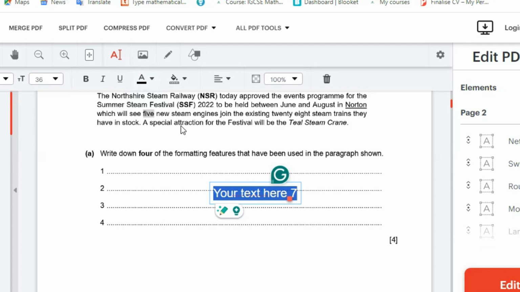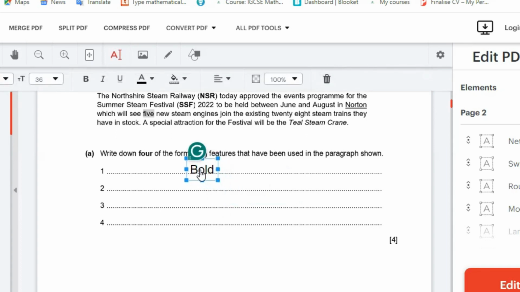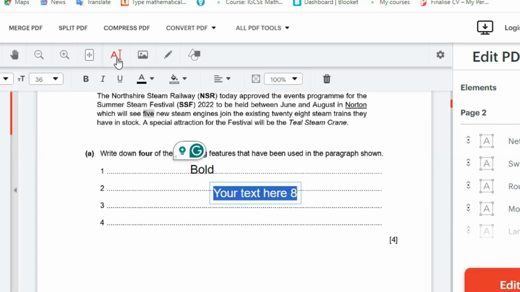So that means it was bold. So number 1, we said bold is a formatting feature that has been used on this paragraph. Do we understand? Good. We have bold. 2, we have full justification. Can you see all the lines where they finished here? That is justification. So we have full justification.